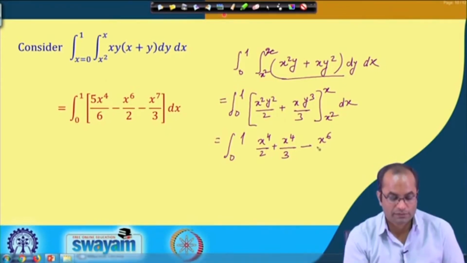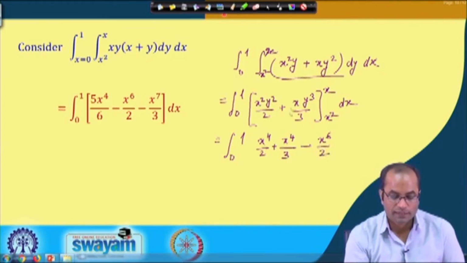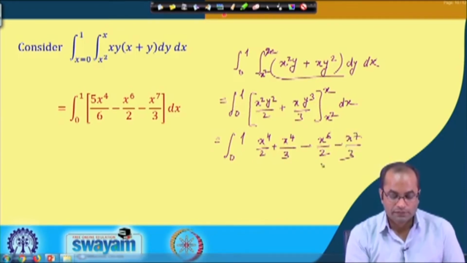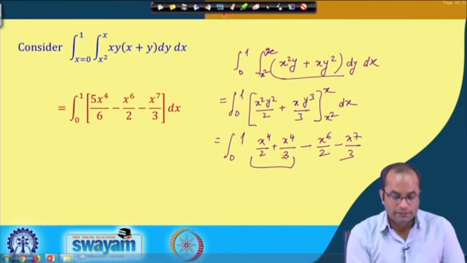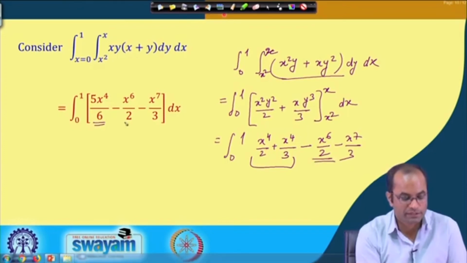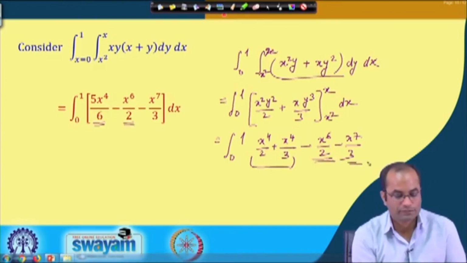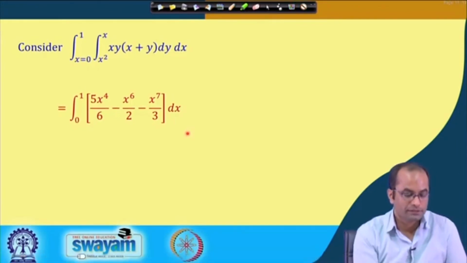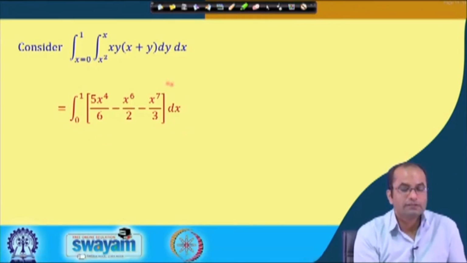So, we will have x power 6 by 2, and we will also get x power 7 by 3. So, now this one is 5 x power 4 by 6, that is a term here, x power 6 by 2 we have here, and x power 7 by 3 we have the term there. So, this is after the first integration.